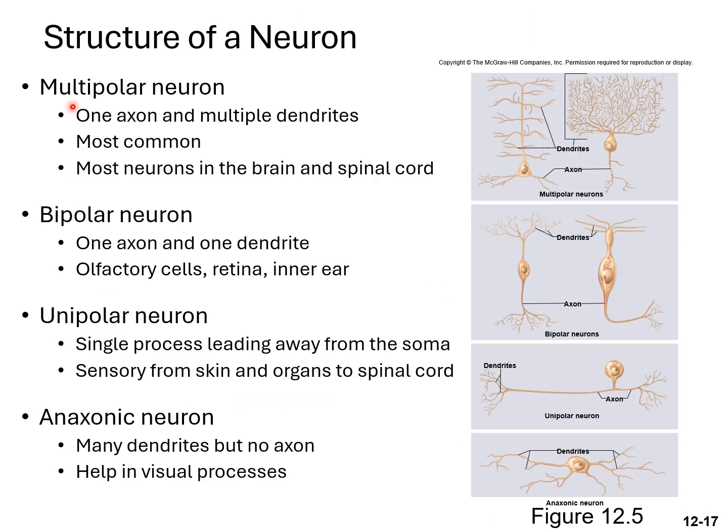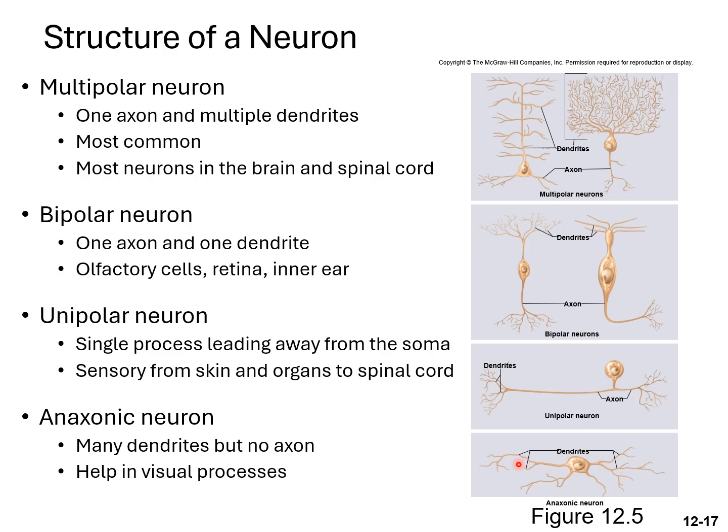They can be multipolar, where there are multiple poles coming in. You can have bipolar, where you can't really tell which one's the axon and which one's the dendrite, because they kind of look the same. You can have unipolar, which means the dendrites are more developed and longer than the axons leaving out. And you can have anaxonic, where you don't really know what's the dendrite and what's the axon.